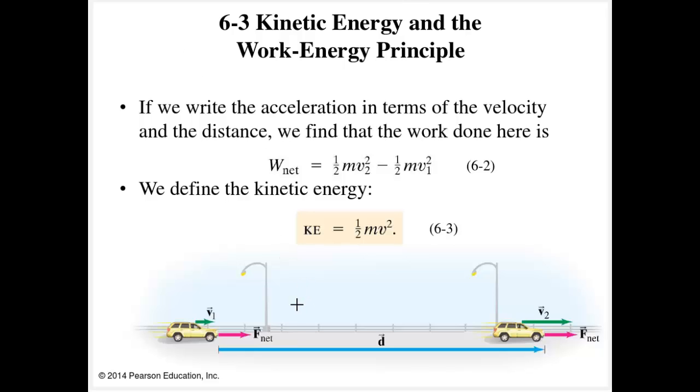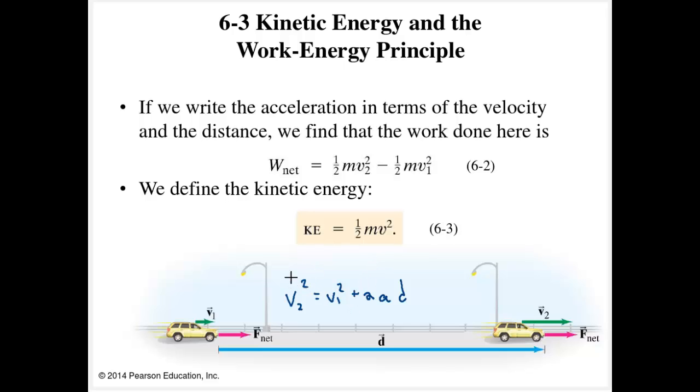However, we could go ahead and use our kinematics and say, okay, we know v2 squared must be equal to v1 squared plus 2 times the acceleration multiplied by the change in distance, which will be d.